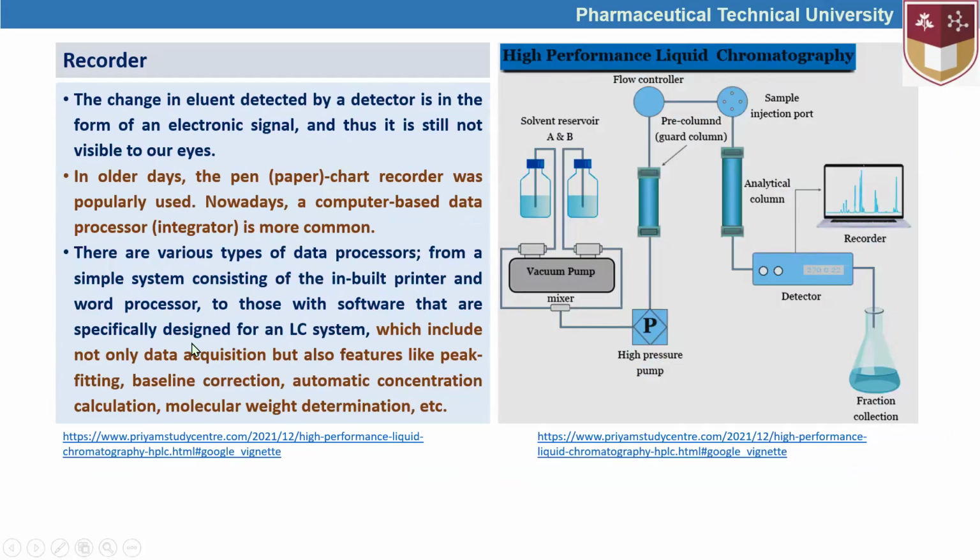Okay, the recorder. The software system is linked with these. I mean, the detector identifies the signals and sends them to the recorder. The change detected by a detector is in the form of an electronic signal, and thus it is still not visible to our eyes.